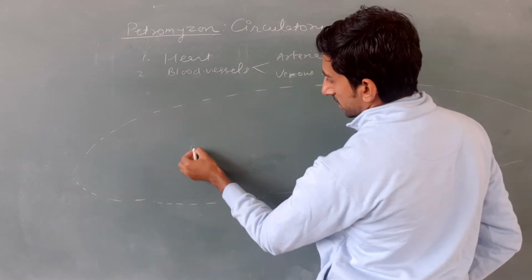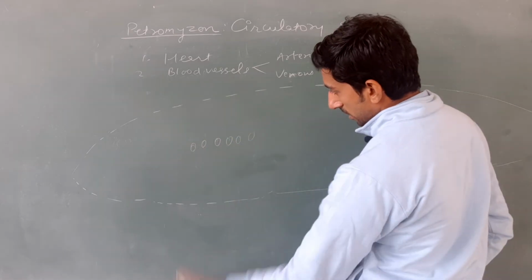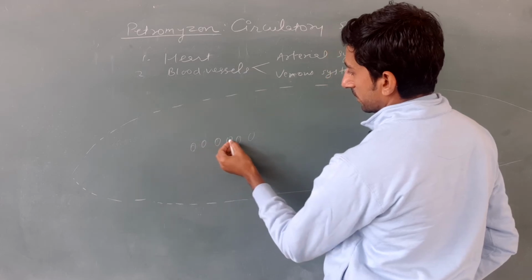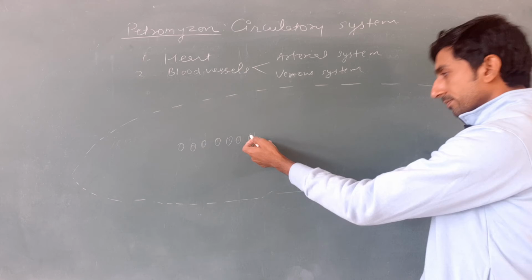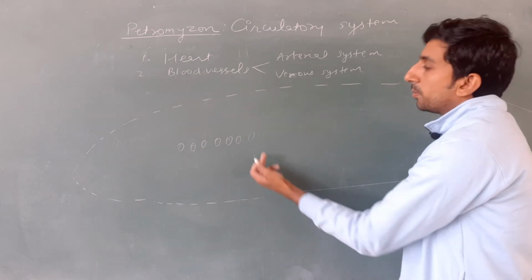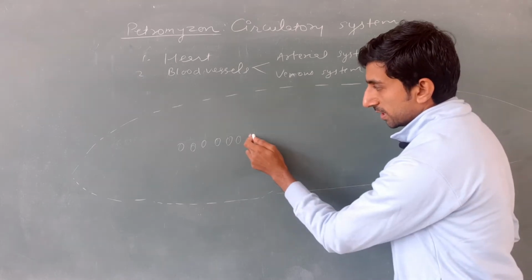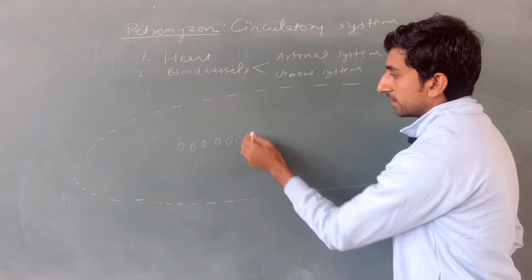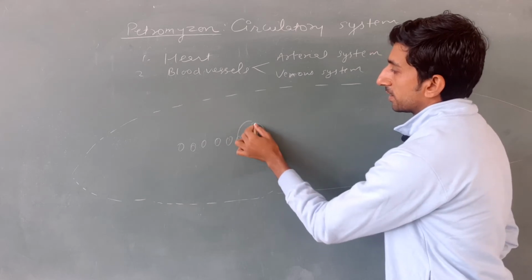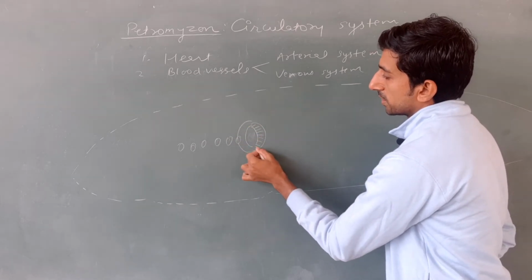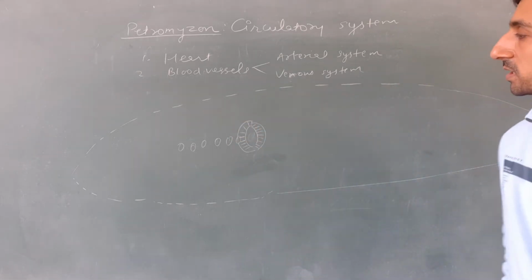Here are present 7 pairs of gills: 1, 2, 3, 4, 5, 6, 7 pairs of gills. On the ventral side, posterior to the last gill, this is a gill slit, and gill slits are present in gills. Gills are pouched in this organism. Pouched gills, so marsupial respiration is there.